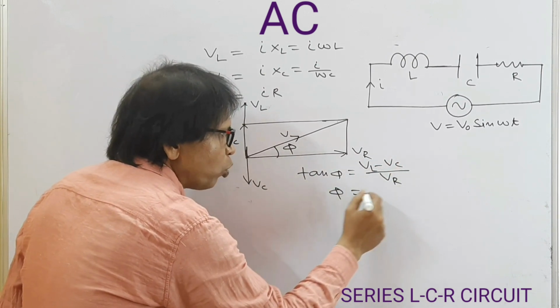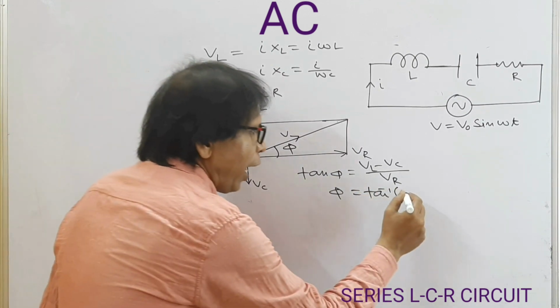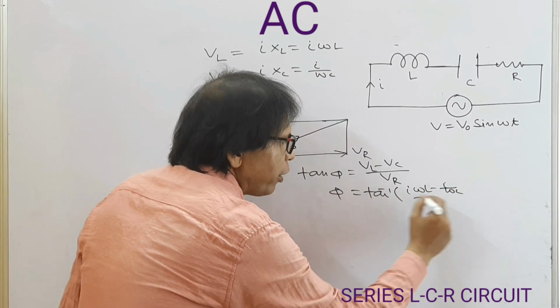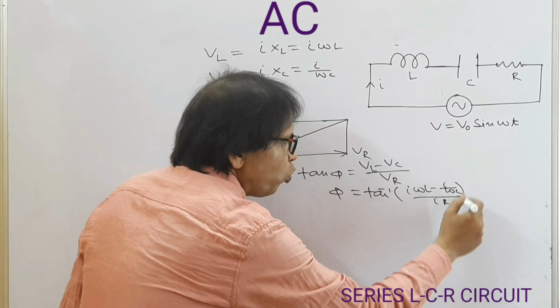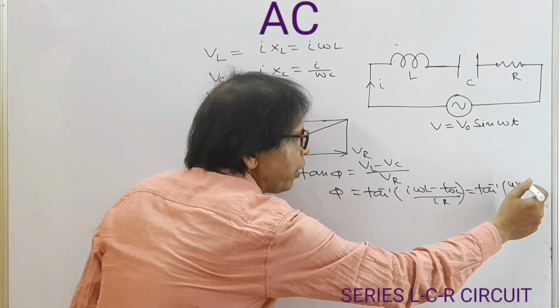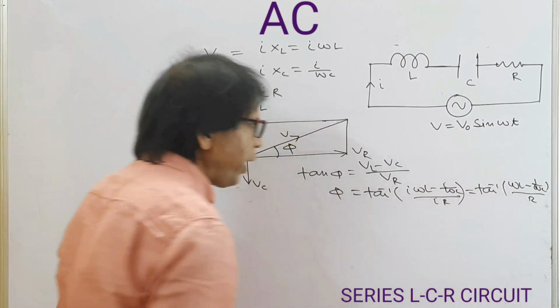So phi equal to tan inverse of I omega L minus I by omega C divided by IR. So phi equals tan inverse of omega L minus 1 by omega C divided by R. Okay.